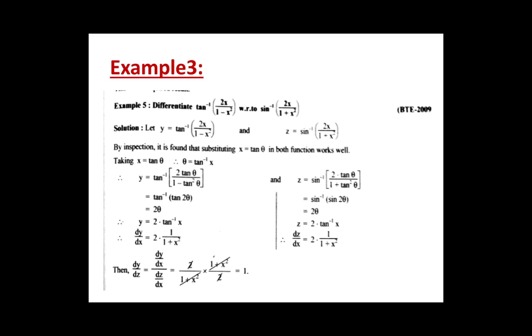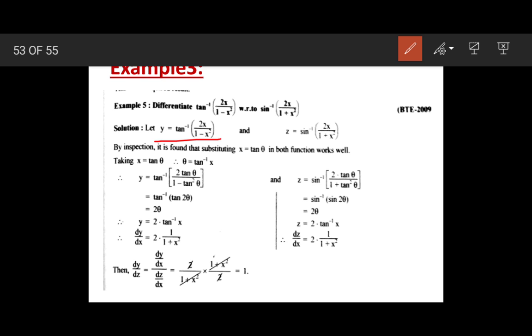Now see some more examples. The question is: differentiate tan inverse of 2x upon 1 minus x square with respect to sin inverse of 2x upon 1 plus x square. Here we take y as tan inverse 2x upon 1 minus x square and z as sin inverse 2x upon 1 plus x square.